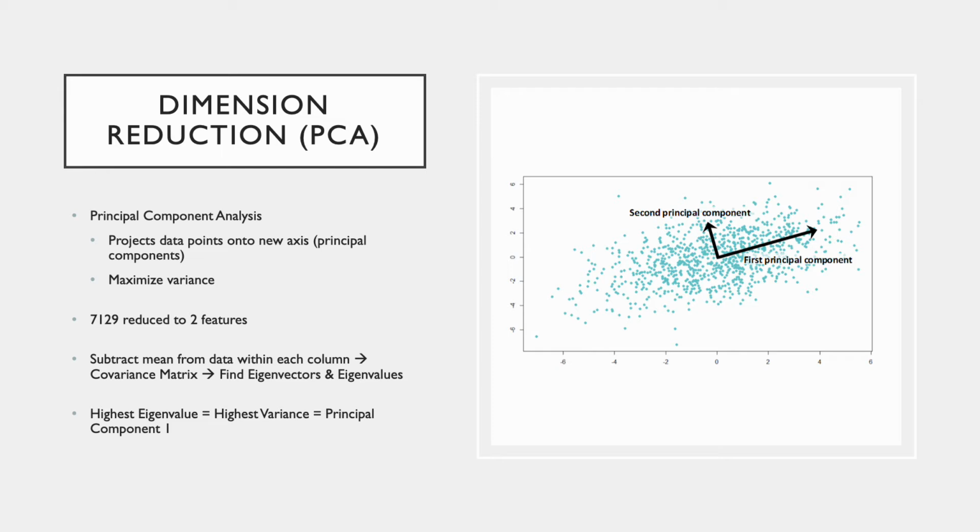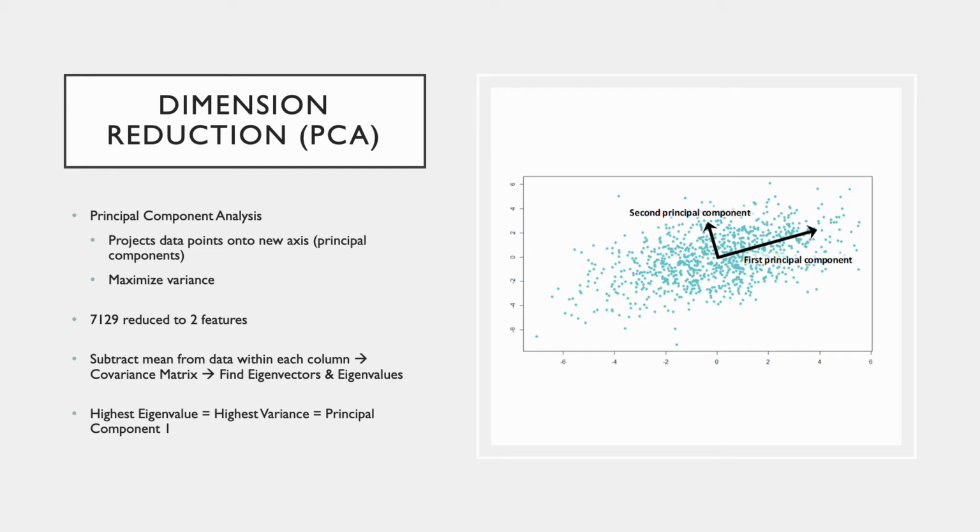We find these new axes such that when we project the data onto these axes, the axis captures the maximal variance of the data. These axes are also known as the principal components. So through PCA, I reduced my data from 7,129 features to 2. The number 2 was chosen so that we can visually observe the data points in 2D.